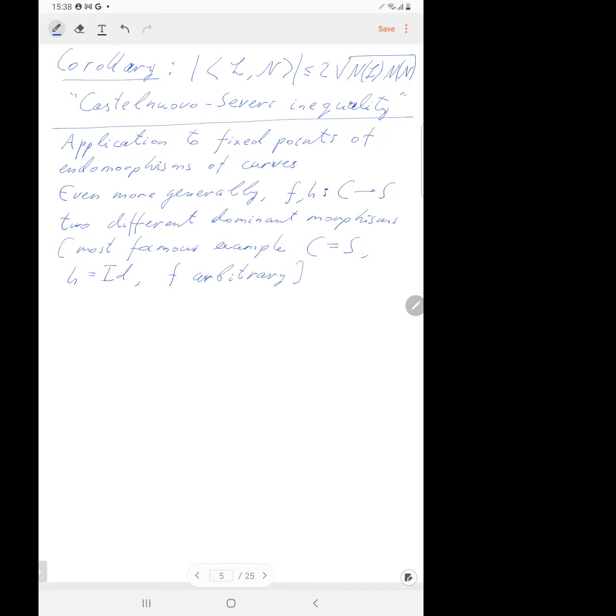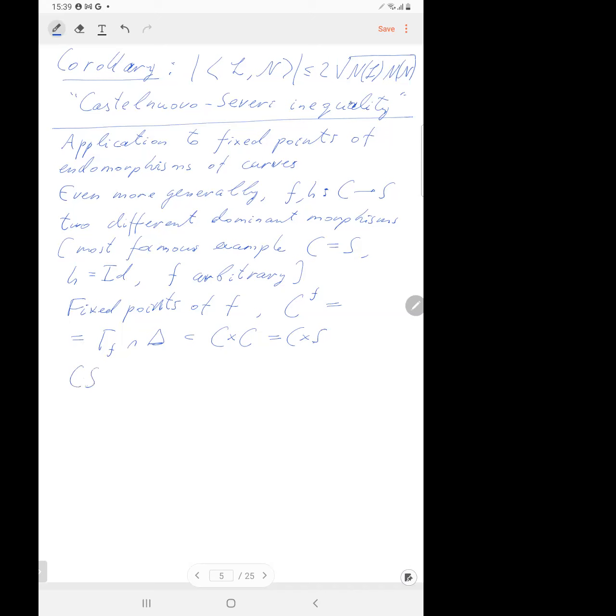And then the fixed points of F are just intersections of the graph of F with the diagonal, right, inside C times C. Well, and this is C times F. And we are going to write some estimates, some inequality for the cardinality of this.